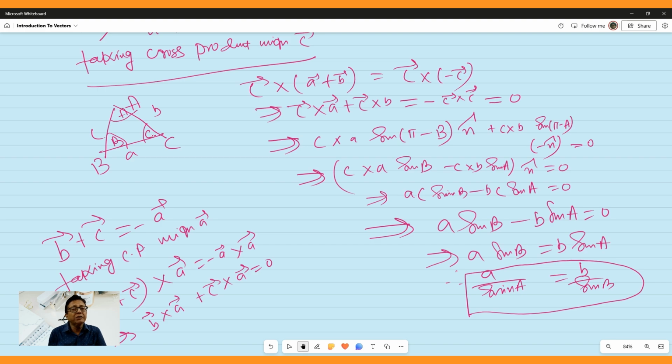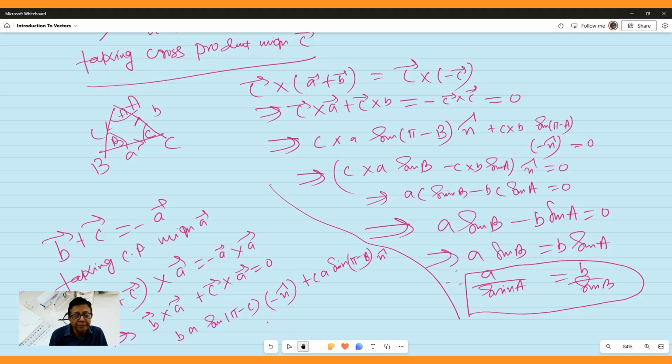So what is B cross A? Just look at the diagram. B cross A, finger you have to curl in opposite sense. So minus n cap will be there. B A sine pi minus C minus n cap. And C cross A is what? C A sine pi minus B n cap. Okay?